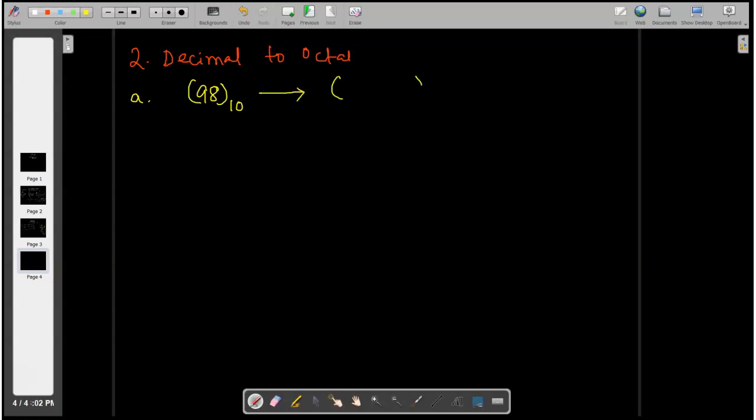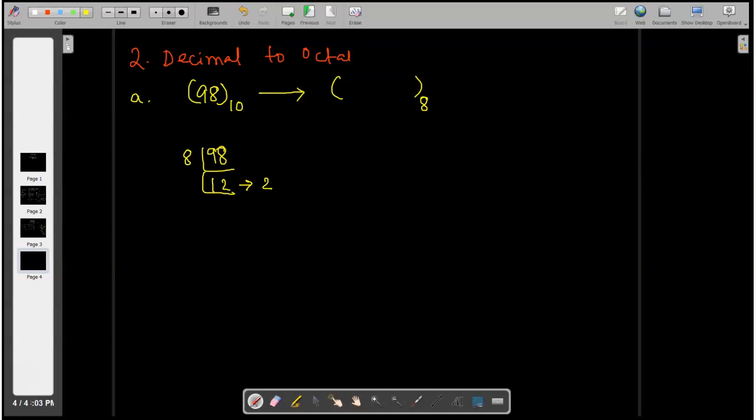Now if we have an octal number, the base will be 8, right? So what are we going to do? Let us take this number 98 and divide it by 8. If you divide it by 8, you know 8 12s are 96, so the remainder will be 2.